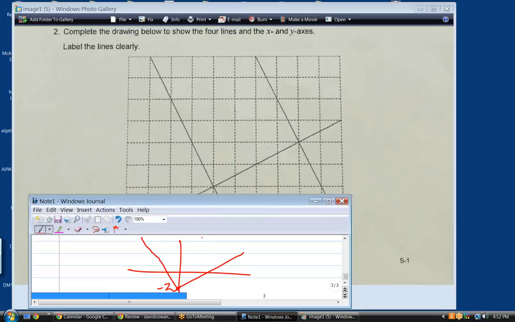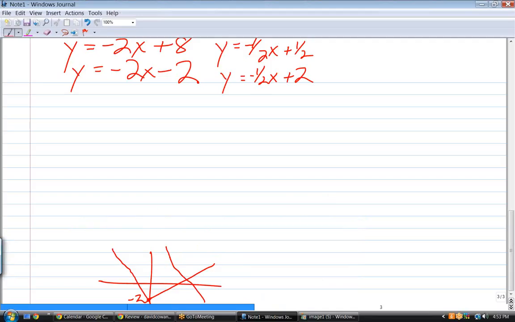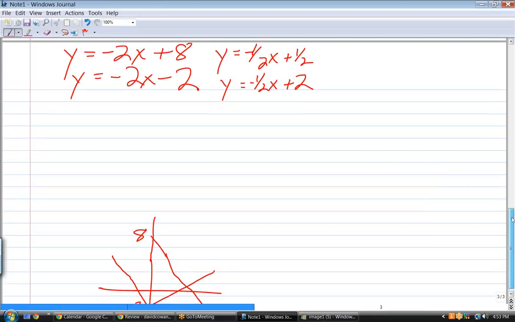And then I know that this line goes through plus 8. So that point would be 8 because its B is 8.